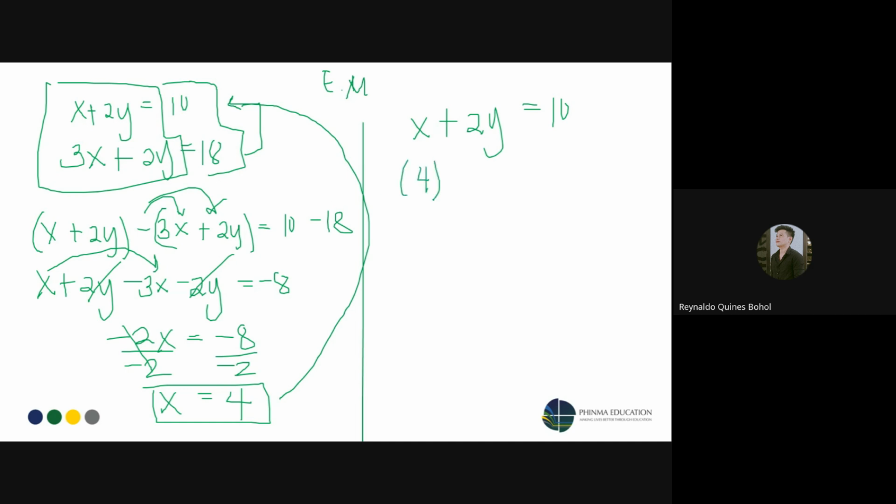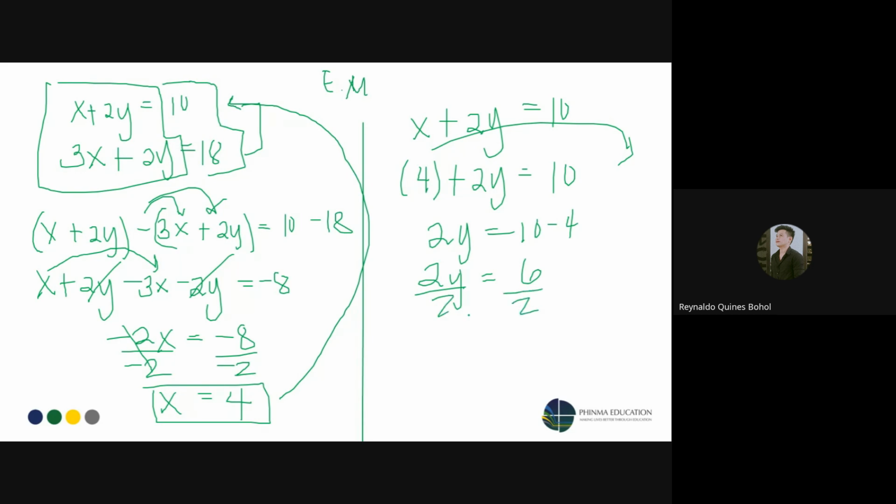So, magiging 4 yung x natin dyan. Then, 2y is equal to 10. Sorry, dapat plus. So, yung 4, lilipat sa kabila, magiging 10 minus 4. Then, 2y is equal to 6. Divide both sides by 2. Then, y is equal to 3. So, the point of intersection now is 4 and 3.